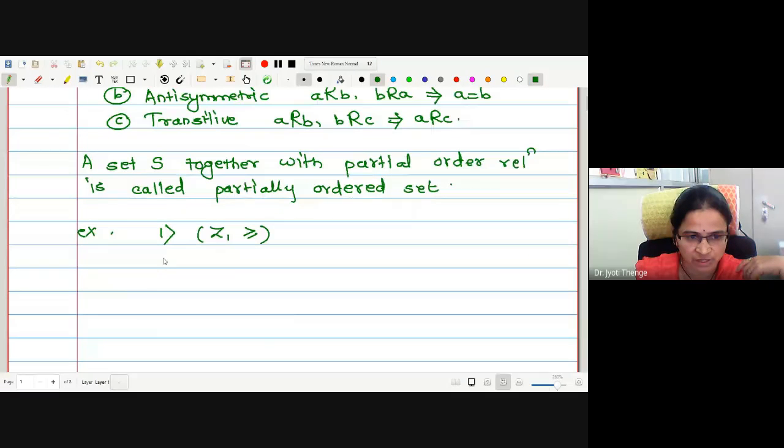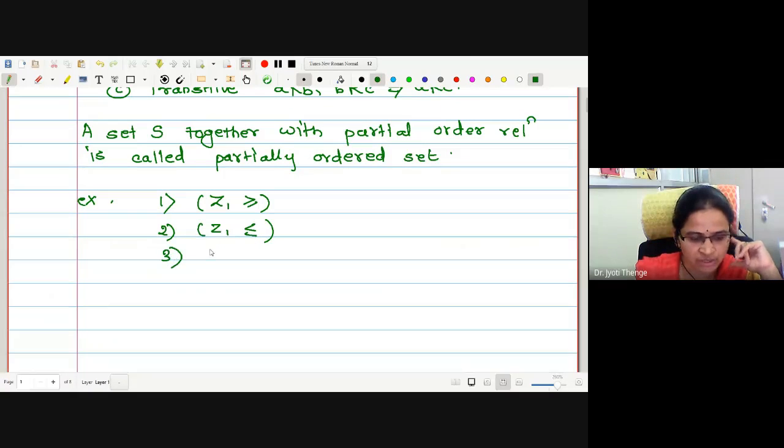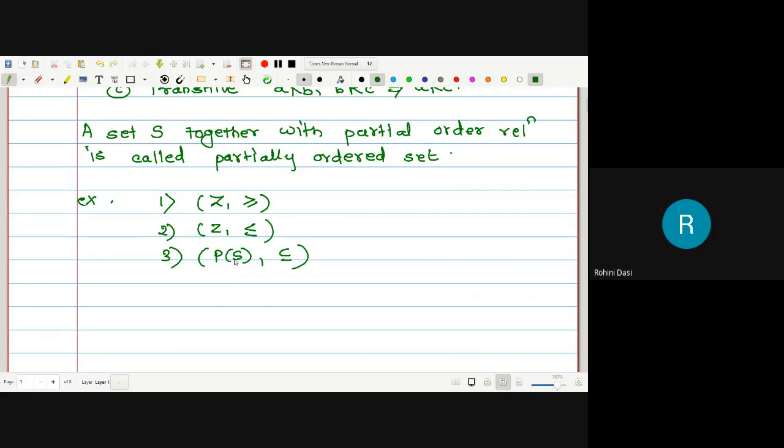Similarly, is the set Z with less than or equal a POSET? Yes. Suppose S is any finite set. I am considering its power set under the inclusion relation, subset. Is it a partial order relation? One can check it orally.